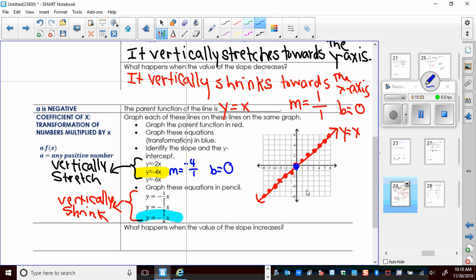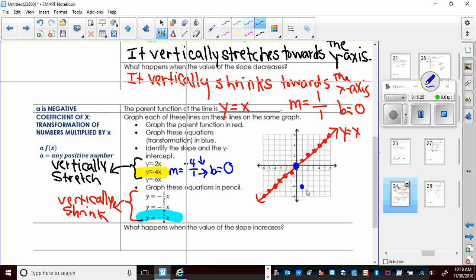So you make your point at 0. The directions are down 4, right 1. If I wanted to go the opposite direction, you go up and then left.